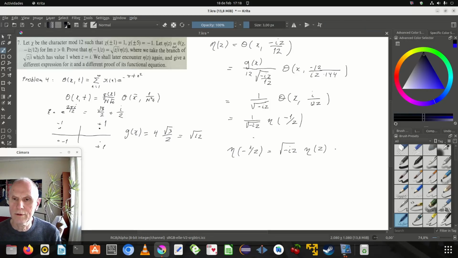And then it's the same as square root of z divided by I, eta of z. It's really the same branch, so no problem. That finishes that.